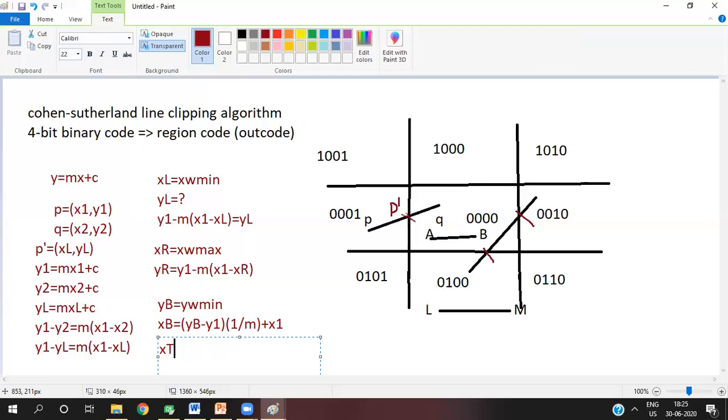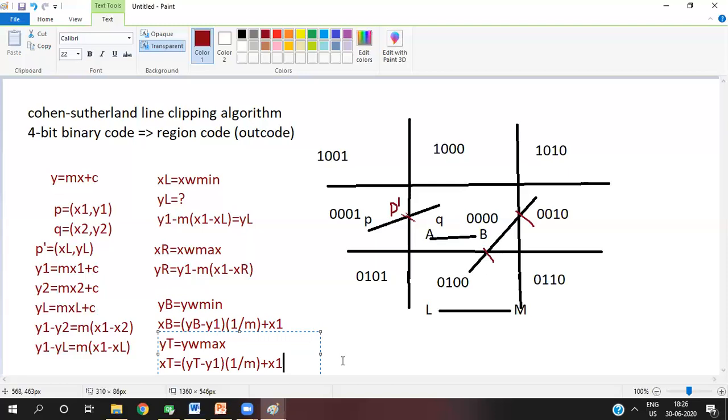That is the top. xt is equal to yt minus y1 into 1 divided by m plus x1.